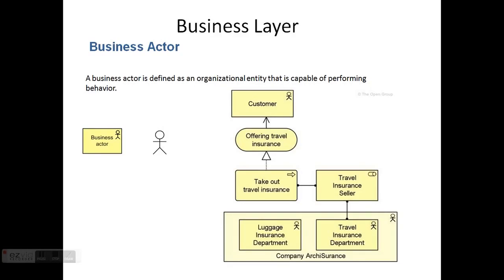Actors may, however, include entities outside the actual enterprise, for example, customers or partners. Examples of business actors are humans, departments, and business units of the organization. A business actor may be assigned to one or more business roles, and the name of the business actor should preferably be a noun.